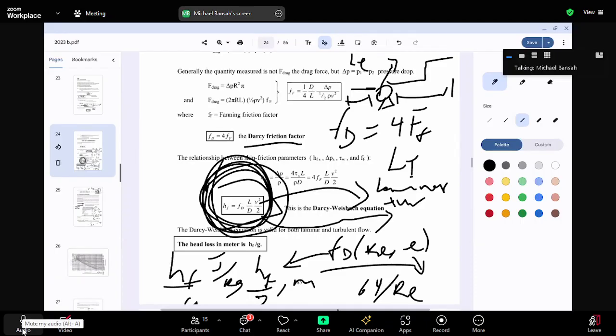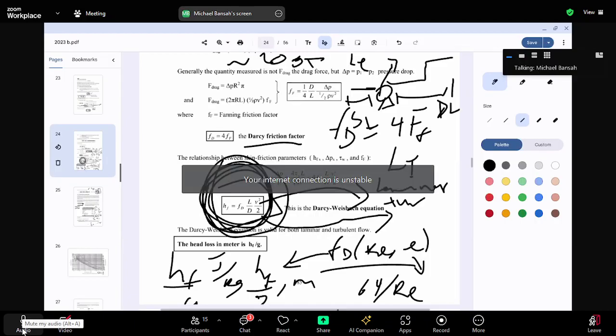So that length equivalent will have to be changed. Sometimes they'll tell you 200 diameters. When you see something like 200 diameters, it just means multiply the 200 by the diameter of that pipe. When you multiply it, you get your length in meters. Add the suction length as well as the discharge length, and that will give you the total length.